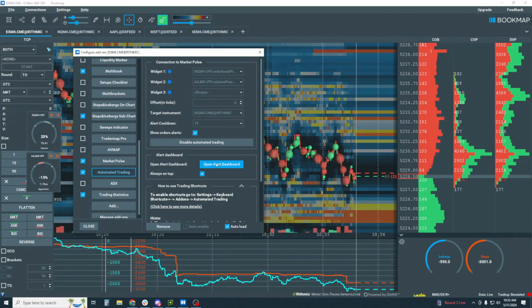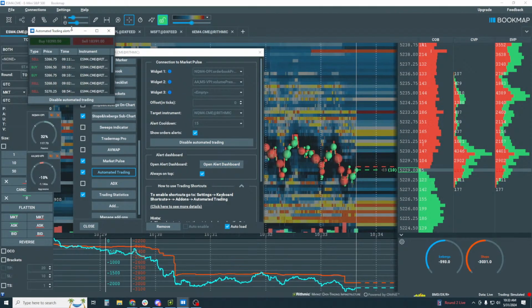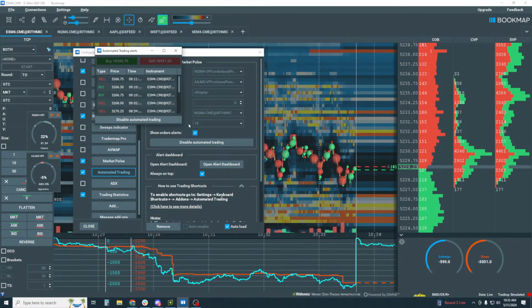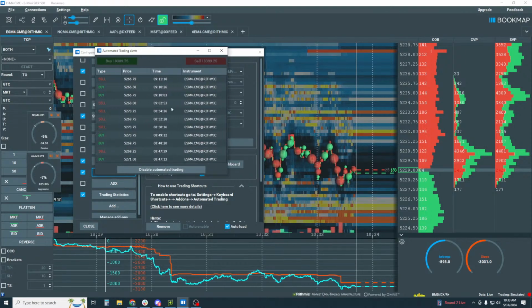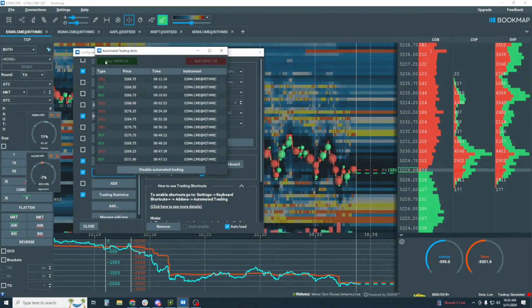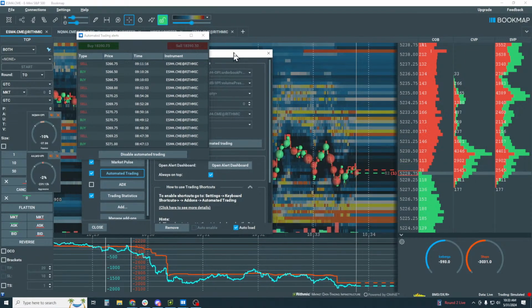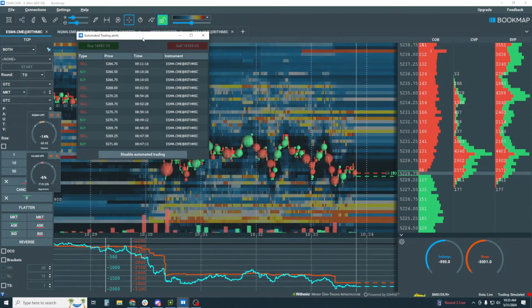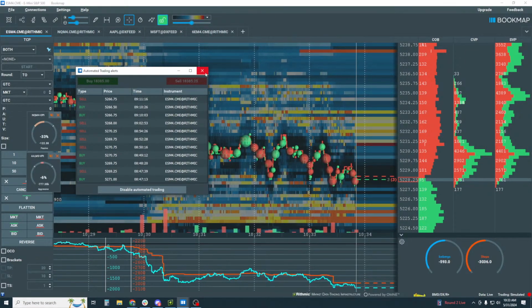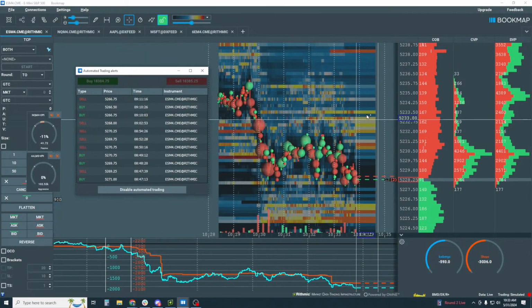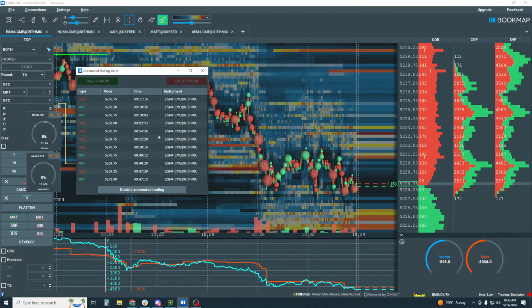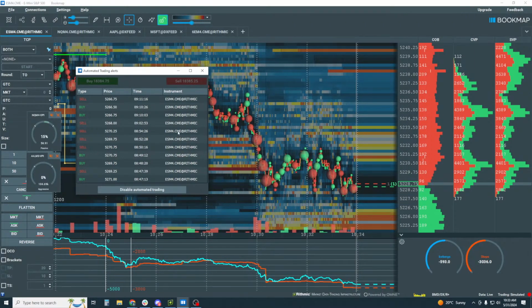We can also open up an alerts dashboard here, and when we get our alerts, you'll see the trade show up in here, and you also get the buy and sell buttons. Okay, so now we're just looking for a signal.